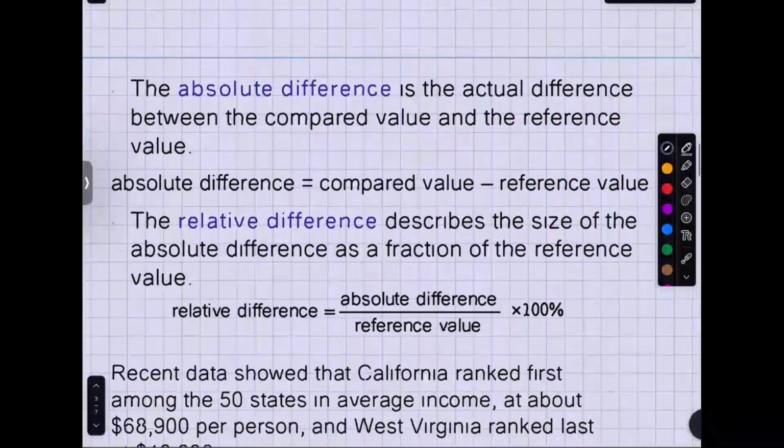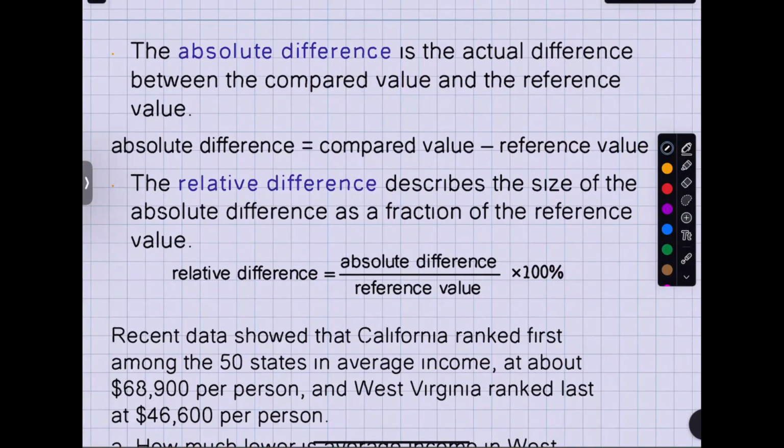Just so you guys know, when they talk about absolute difference, it's pretty much the same. Because if you look at this formula here, doesn't that absolute difference look like an absolute change? It's just new value minus reference value, right?